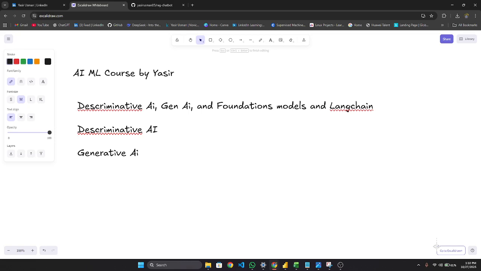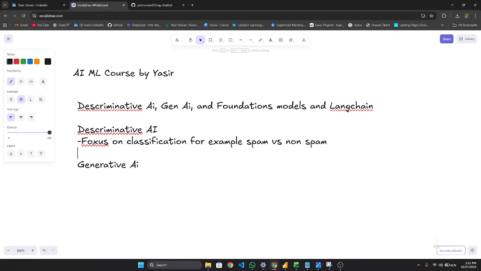With discriminative AI, our focus would be on classification, for example, spam versus non-spam, and we will learn to discriminate between categories.